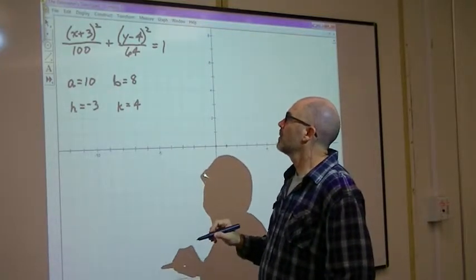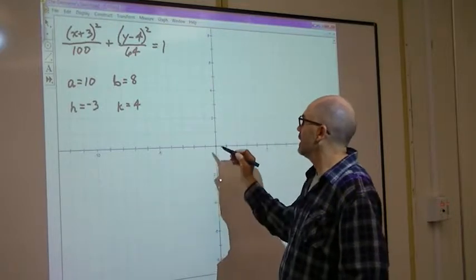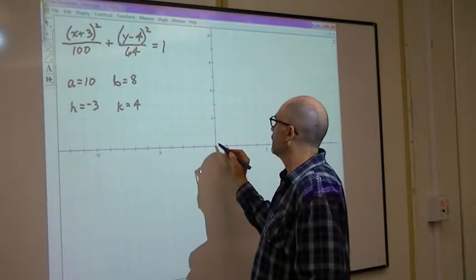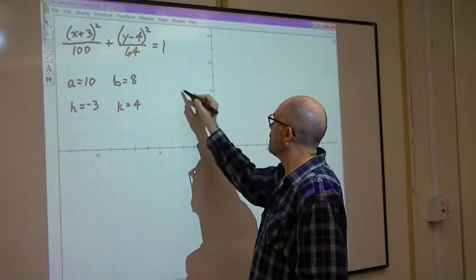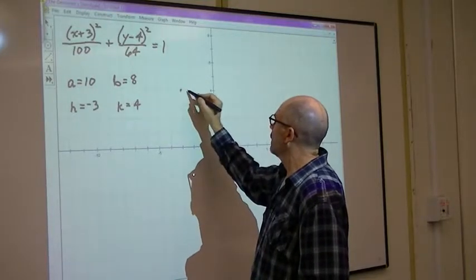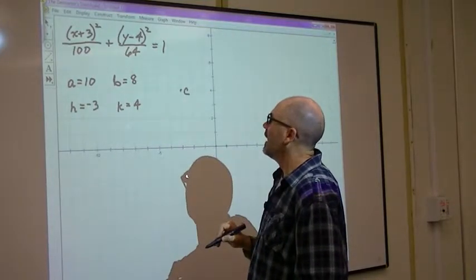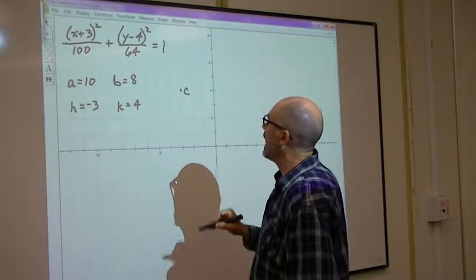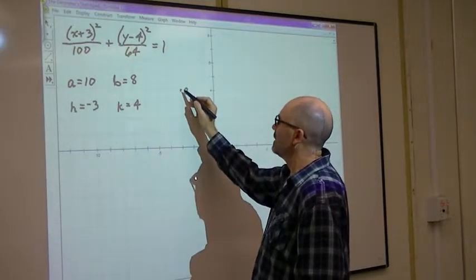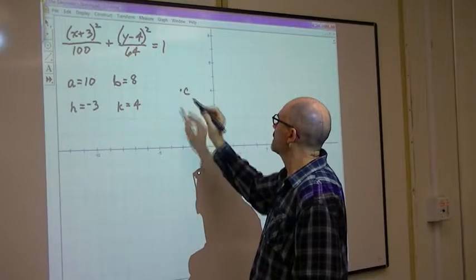So basically that tells us our center is left 3, up 4. There's our center, and the a value is 10 spaces to the right.